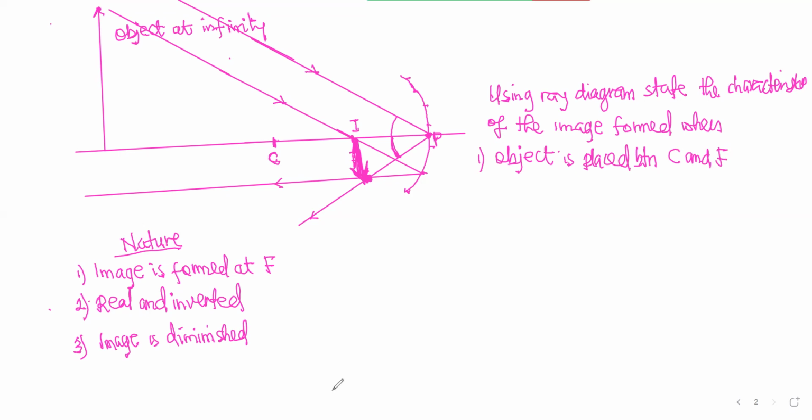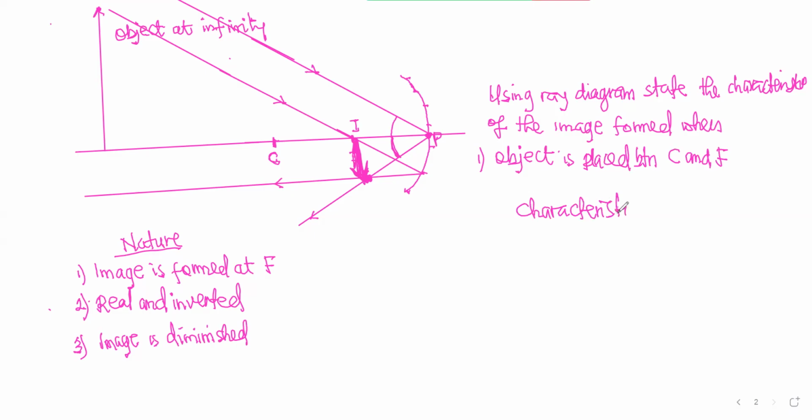So start work. I'm giving you 5 or 6 minutes to draw. Use ray diagrams. If you're asked to use ray diagrams, we expect you to draw as I've done. When you finish, use the rules, then list the characteristics of the nature of the image formed.